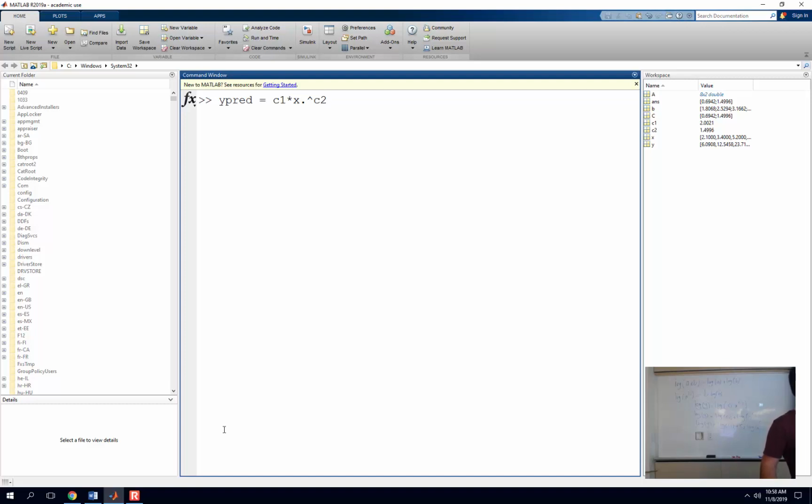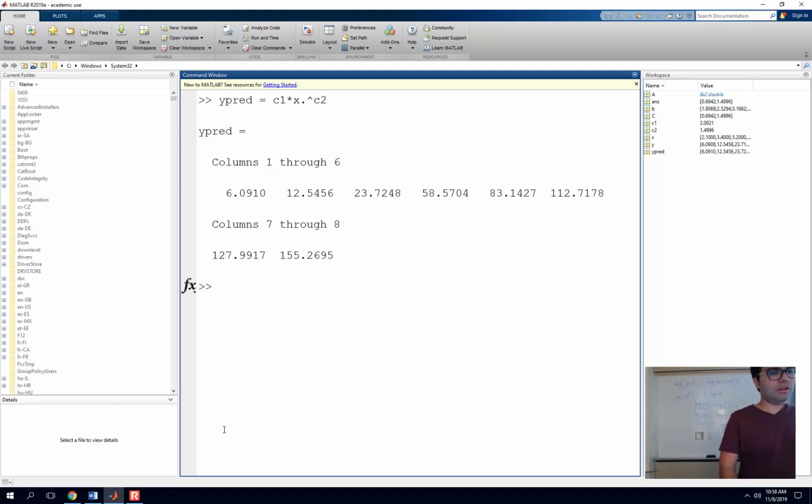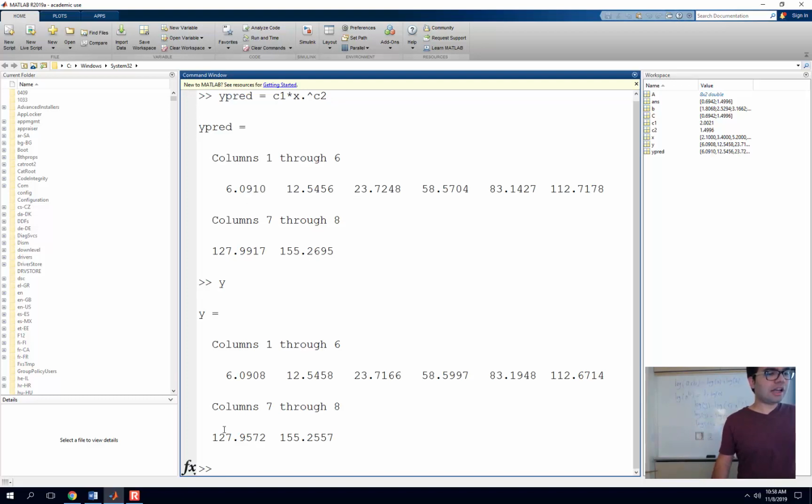That's the same concept. So these are the y's that you predict, and these are the y's that were given. Very close to one another, but not the same.